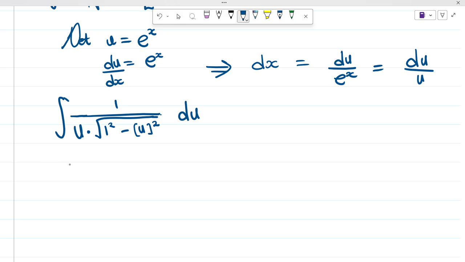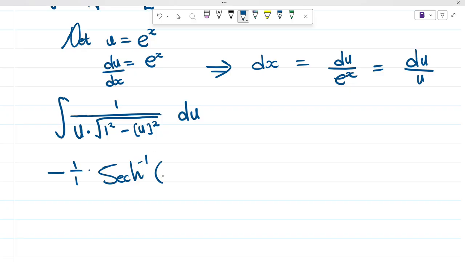So here we're just going to conclude that our answer to this question is negative, because the formula says negative 1 over a. So our answer is going to be negative 1 over 1, hyperbolic sec inverse of f of x.